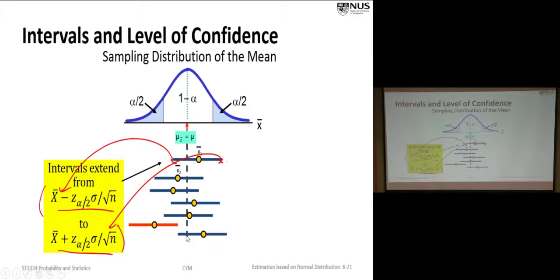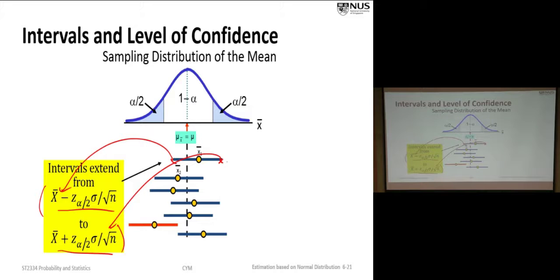This is the true mean. All right. With this true mean, the chance of getting the x bar closer to the true mean is quite high. So you can see a lot of them are quite close to the center, but a few will be off mark, quite far away, and then the confidence interval will not cover the true mean. So the 95% is the confidence level.